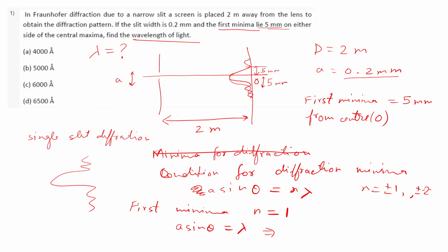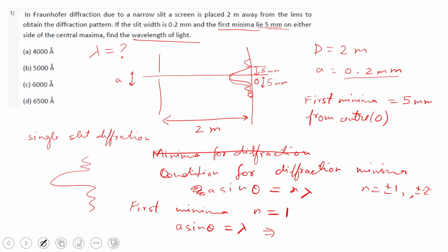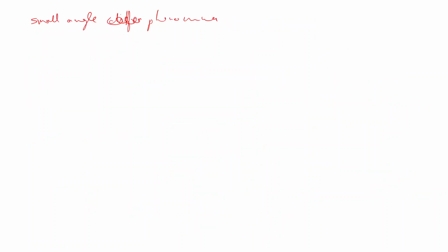So the small angle approximation that we have been discussing, we are using for all these small angle phenomena. The light is bending and the bending is very small, then we can take that sin theta is equal to tan theta.